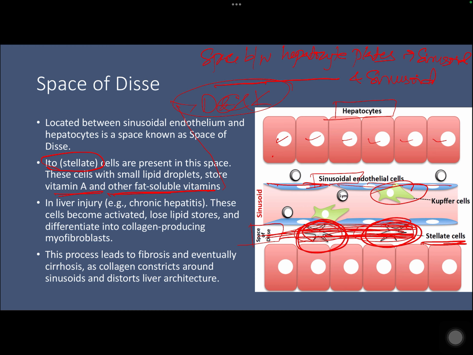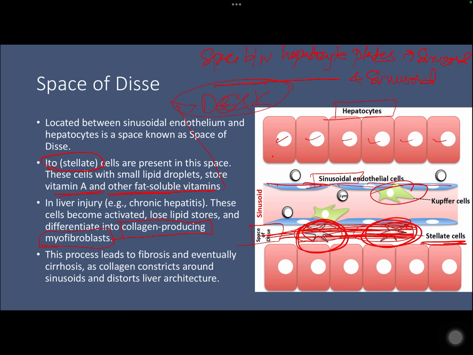But in chronic liver injury, for example in chronic hepatitis B or chronic hepatitis C, what happens? These stellate cells get activated, and once activated, they lose the function of storing fat soluble vitamins like A, D, E, and K. They become myofibroblasts, and these myofibroblasts start producing collagen.